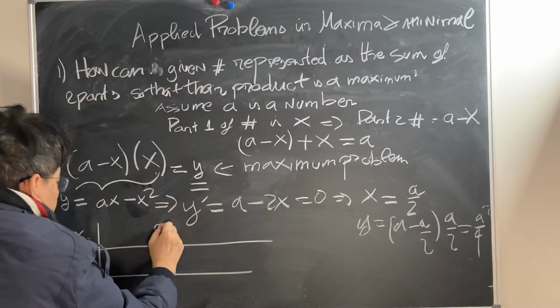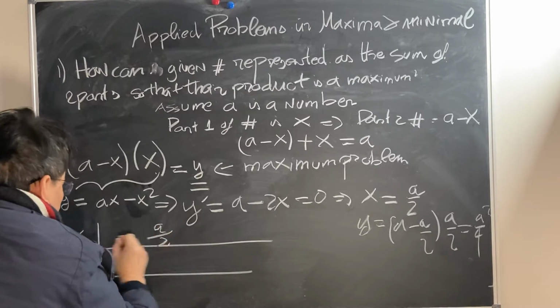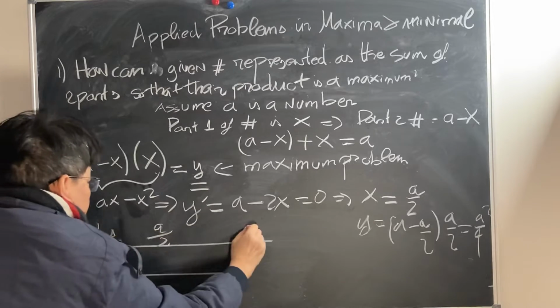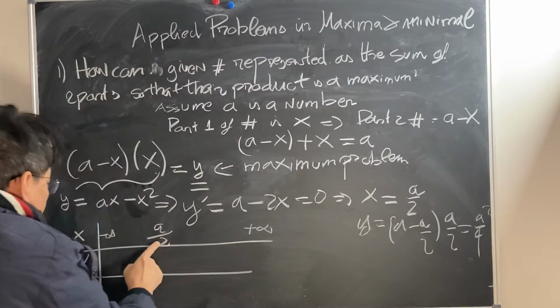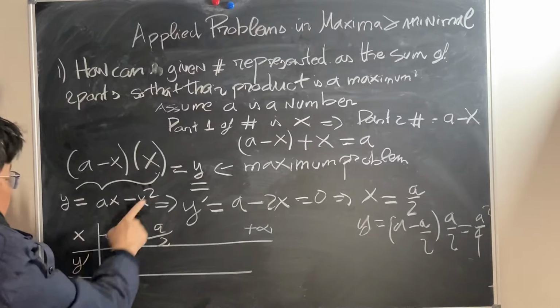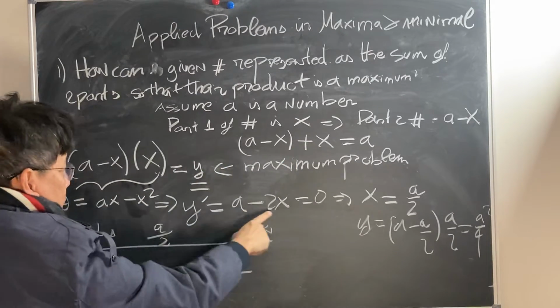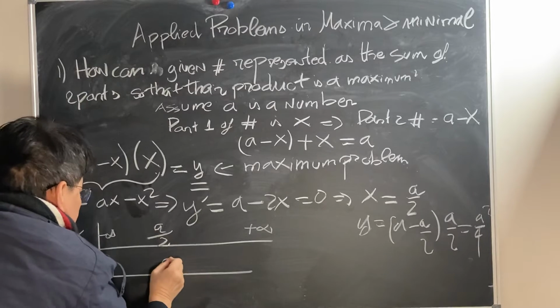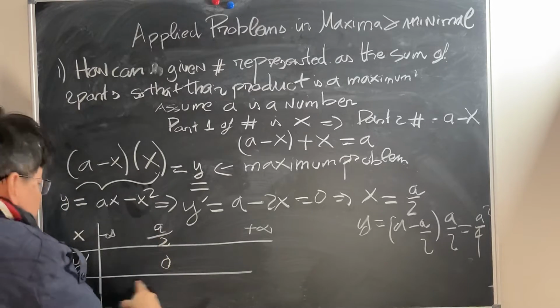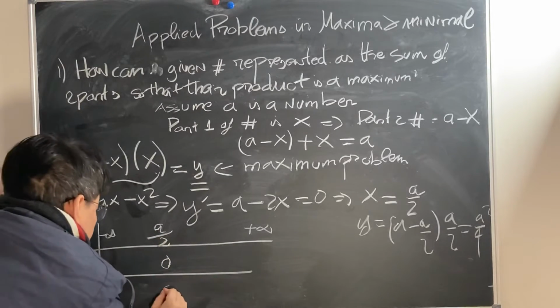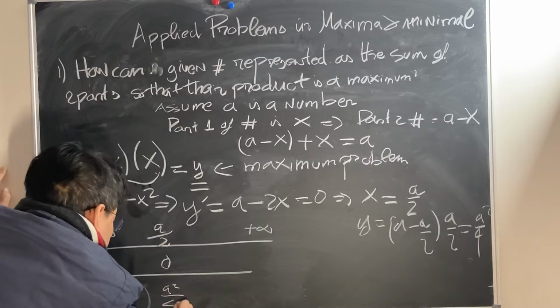So here you have a over 2, here negative infinity, and plus infinity. When x equals a over 2, then y prime equals 0. And when x is a over 2, then y equals a squared over 4.